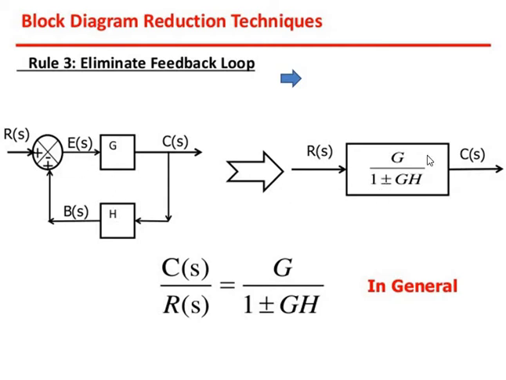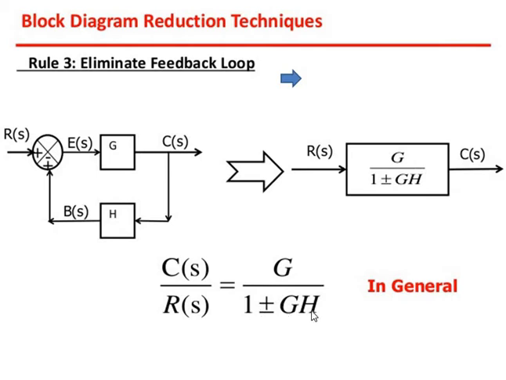Here RS is input and CS is output. So the solution of these blocks becomes G, the forward path gain, divided by 1 plus or minus G into H. So the output CS by RS equals G upon 1 plus or minus GH.